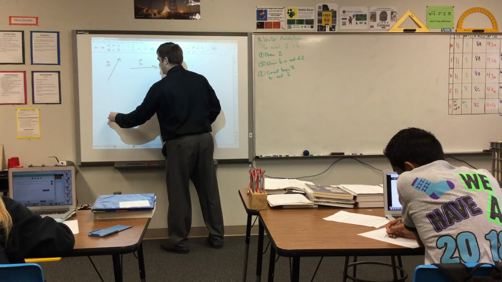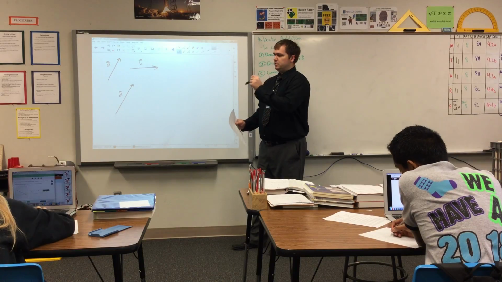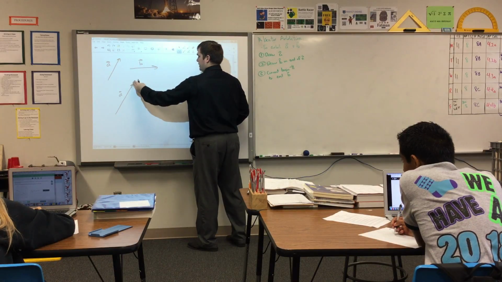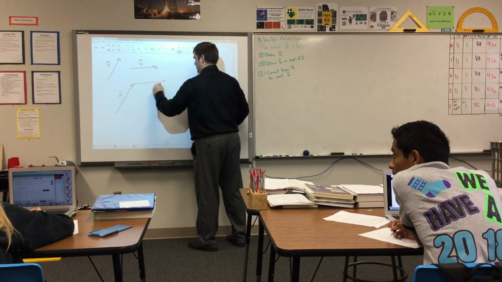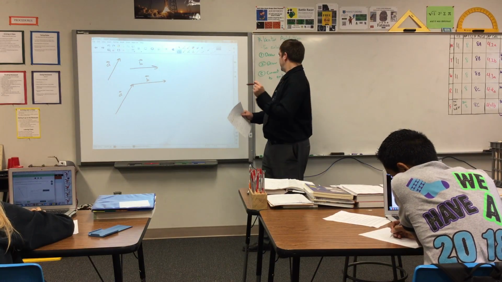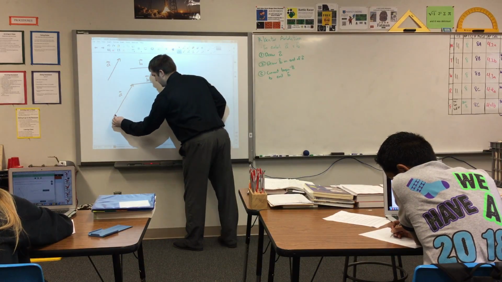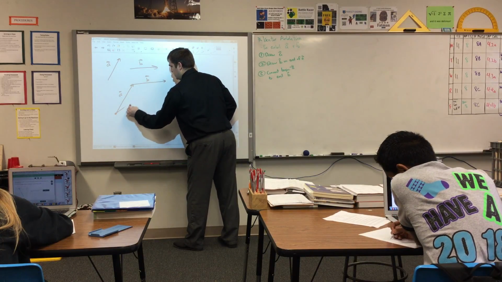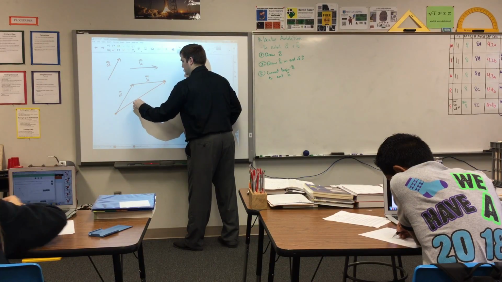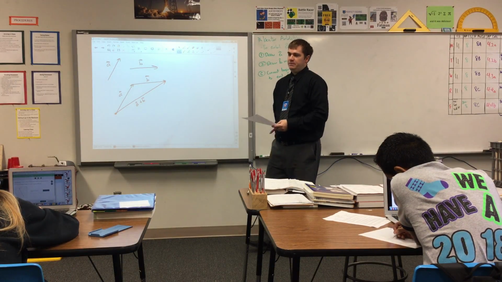Step one, draw vector A. Step two, draw vector B on the end of vector A. Here is the end of A. Step three, connect the beginning of vector A to the end of vector B. And that is going to give you vector A plus vector B. This is called the tip to tail method.